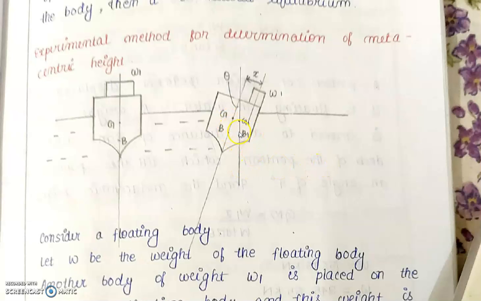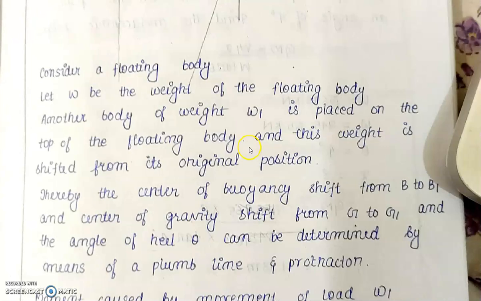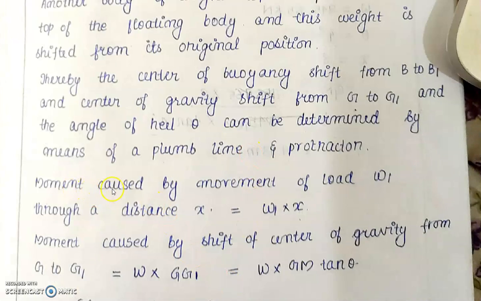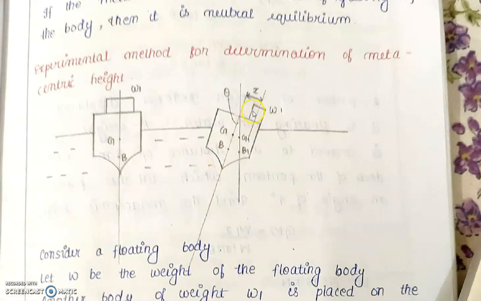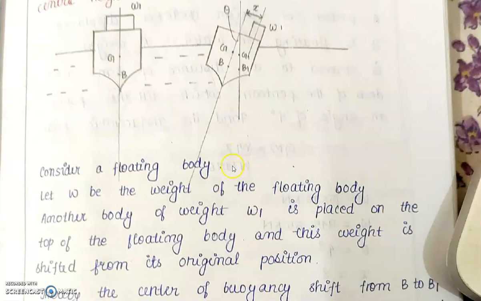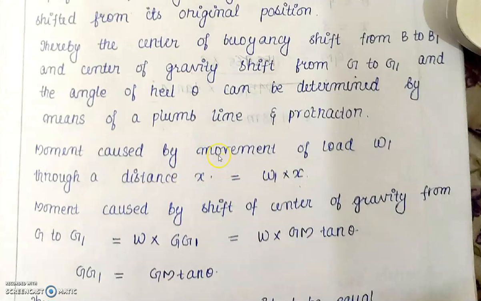And now how to find GM here? For that we will make use of an equation. First we take the moment caused by the movement of W1. Since there is a displacement of W1, there is a formation of moment. How to find the moment? W1 into x. And what is the next one? Due to this tilting, below the free surface of water, there is a shift in the center of gravity, G to G1.